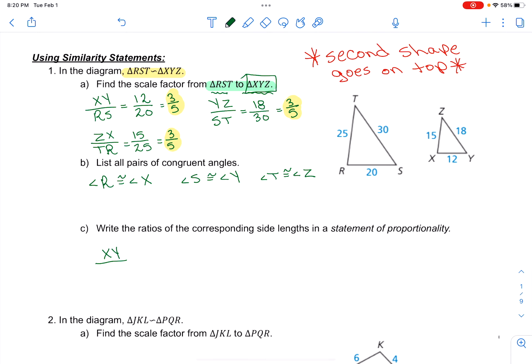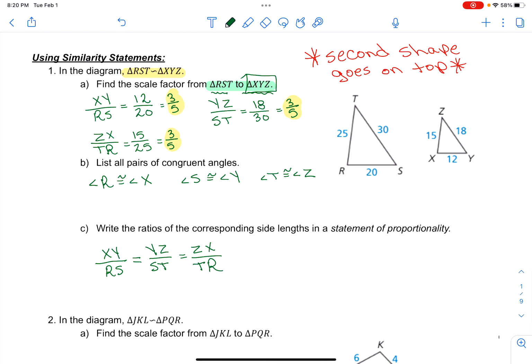So we did XY to RS first. That was just the first side we picked. It doesn't matter which side we picked first. But then we found out that that was equal to YZ over ST because they both had the same measurement, which was equal to ZX over TR.